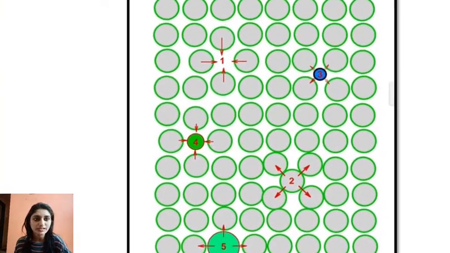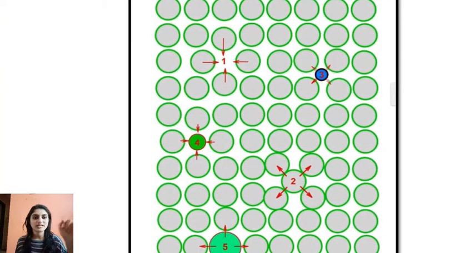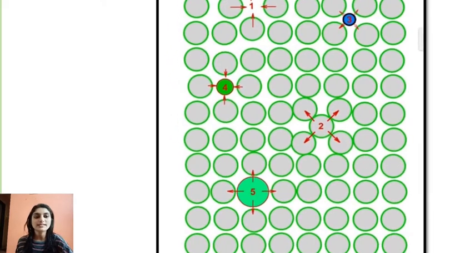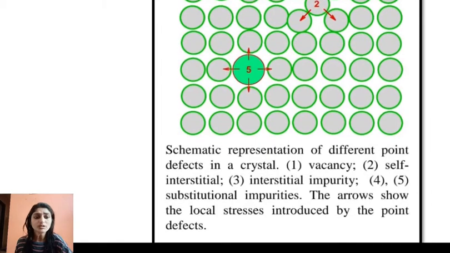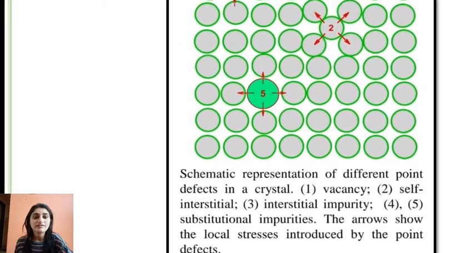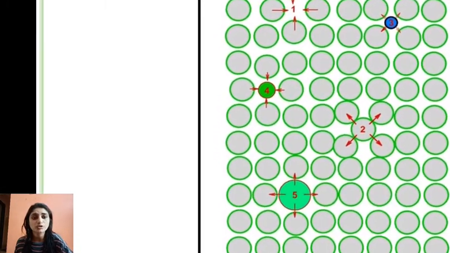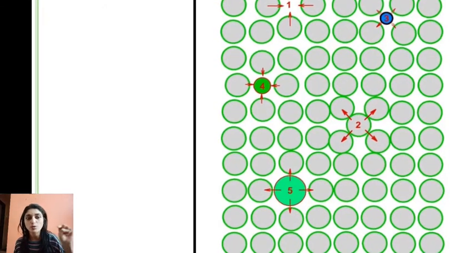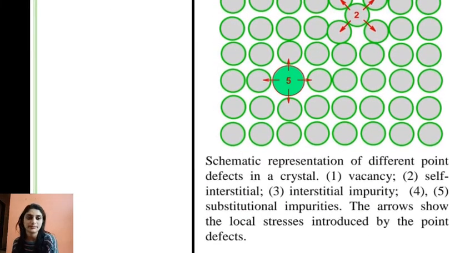Look at number 3, number 3 पे कोई दूसरा atom आया है, it is not a green atom, some blue atom, smaller one, it has come to that place, that is called an interstitial impurity. And 4th and 5th if you check, वहाँ पे वही atom होना चाहिए था, बस उस atom की जगह पे foreign atom आया है, then that is called a substitutional impurity.